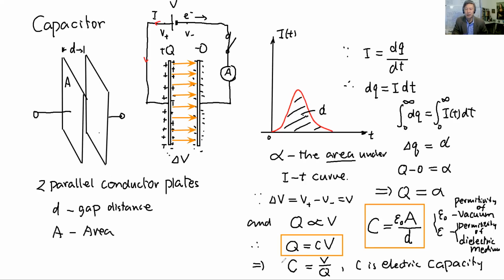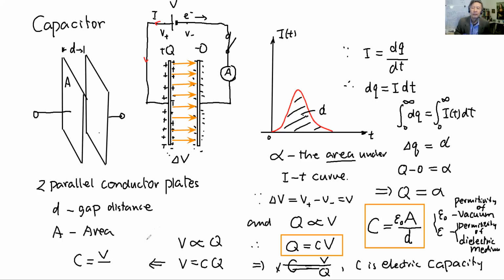So the correct notation is that V is proportional to Q, and therefore they introduced the C in this way, CQ. So the capacitor formula, this is terribly wrong. The correct formula for C equals V over Q, yes, the same thing.